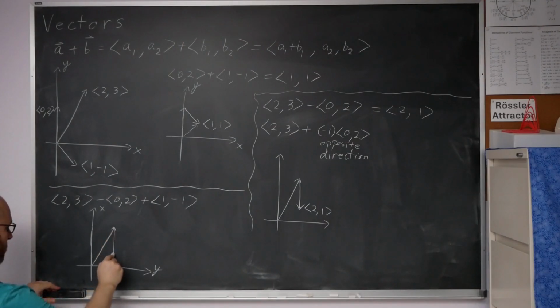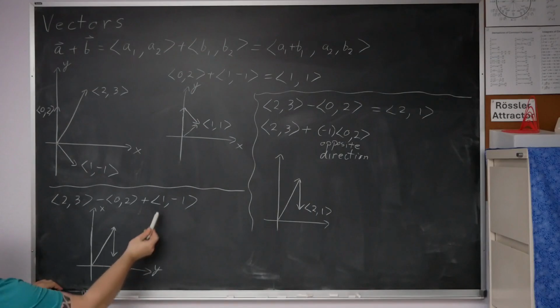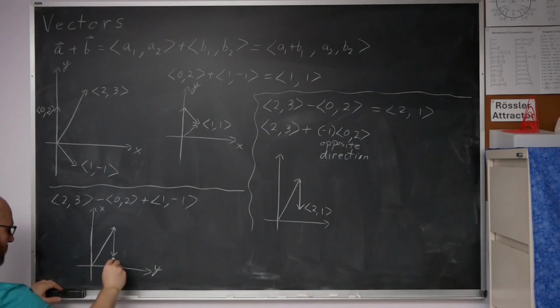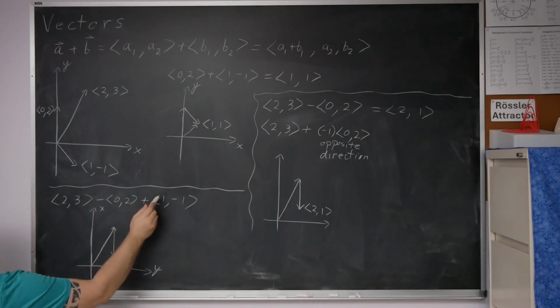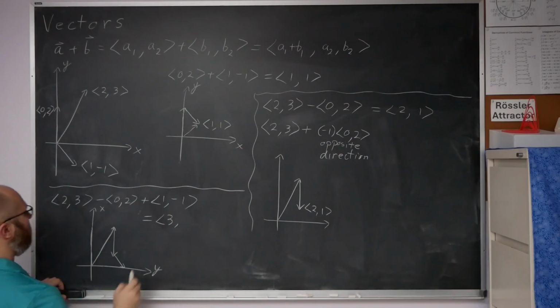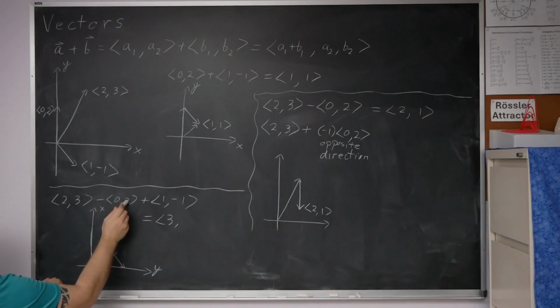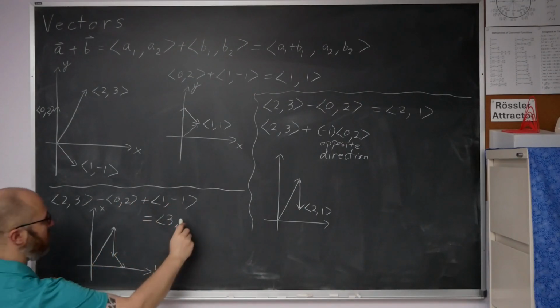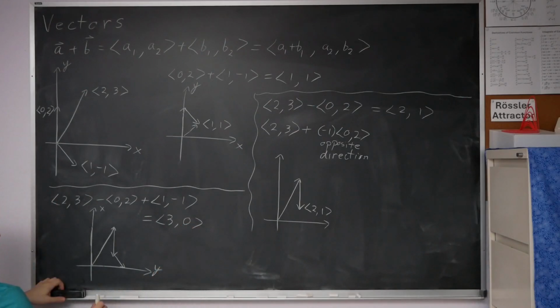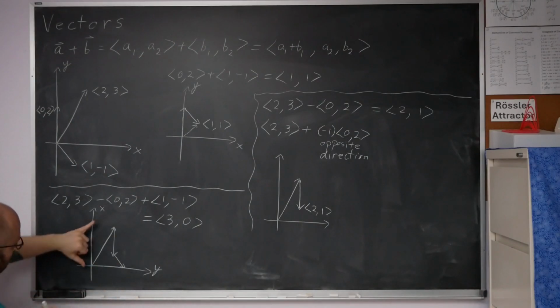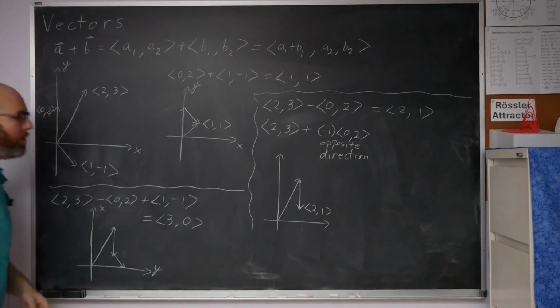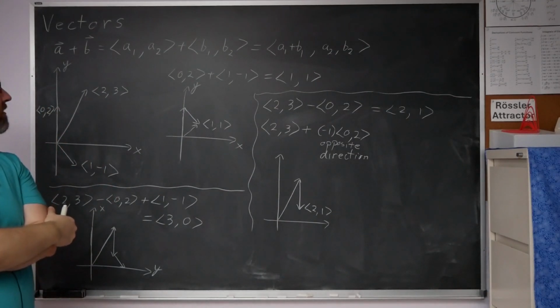Then I'm going to add 1, negative 1, which points that way. So you can't rely on drawing anymore, but I think I got that right. We compute all these out. 2 minus 0 plus 1, that's 3. 3 minus 2 plus negative 1 is 0. And so I think I did get that approximately in the right spot. That was 2, so this is 3. Yeah, I think I got it-ish. Almost. But that's the idea. So adding vectors together, fun stuff.